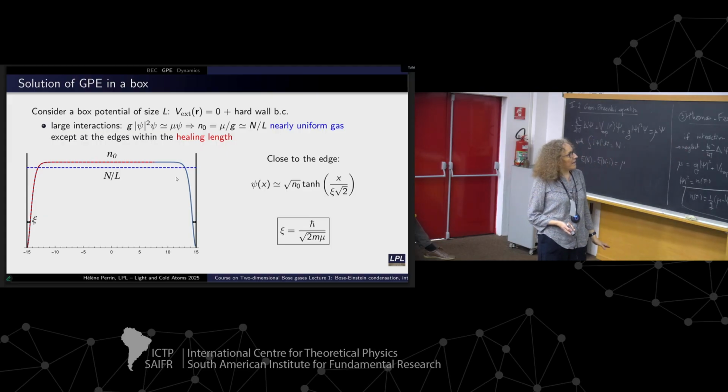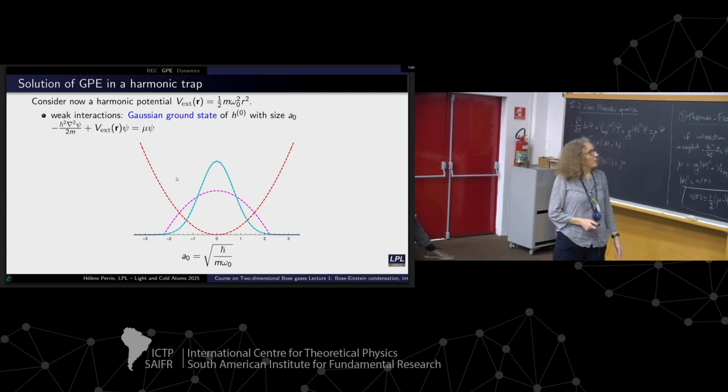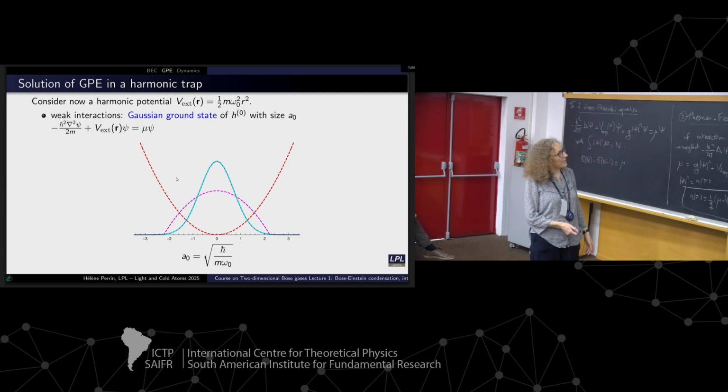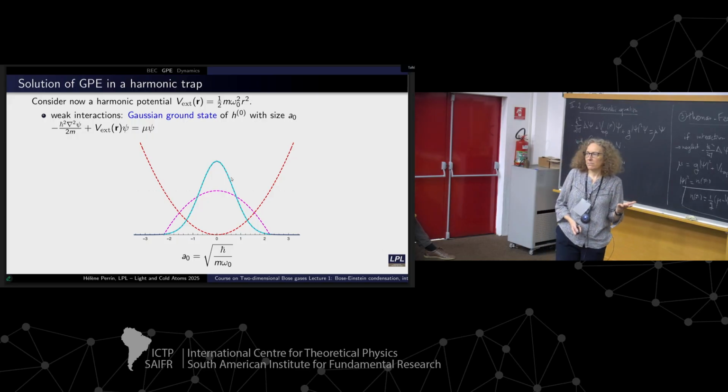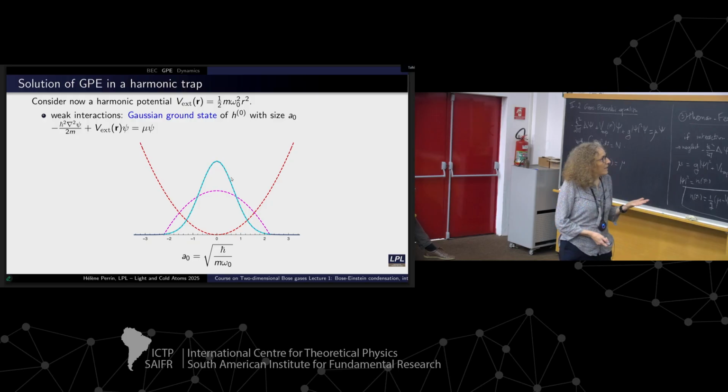Okay, and now if I use instead a harmonic trap without any interactions, this is the central part here. The solution of the harmonic trap is just a Gaussian. And instead, the solution that would correspond to the Thomas Fermi solution is the dashed magenta line. It's very far from what we find.